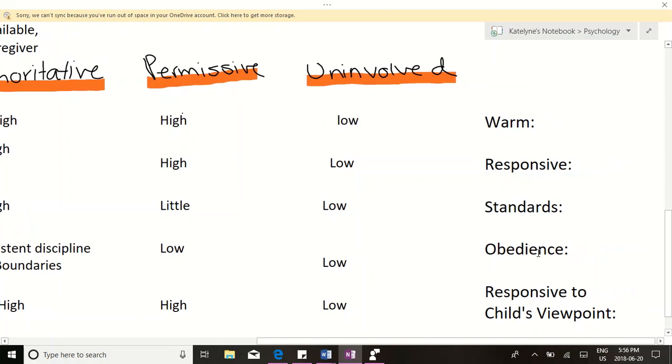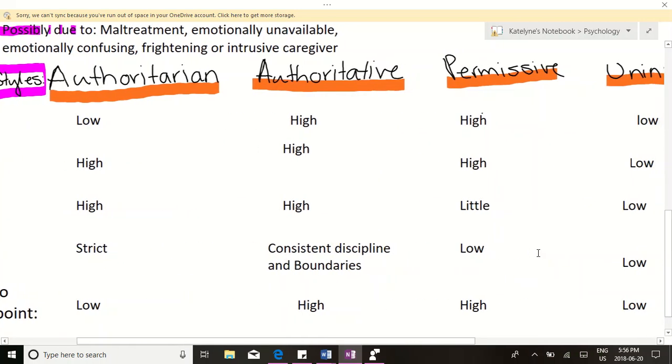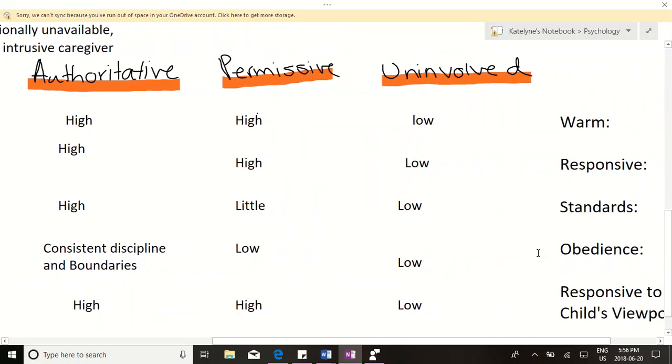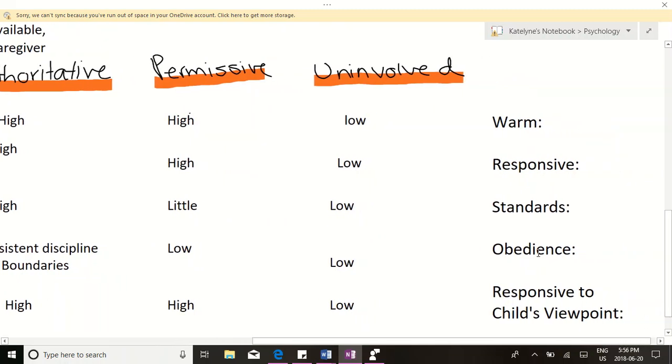And the last type of parenting style we're going to be talking about today is the uninvolved parenting. This is basically at the opposite end of the spectrum compared to authoritarian. These type of parents have little warmth to offer to their children. They also do not have any responsiveness to the child's needs.